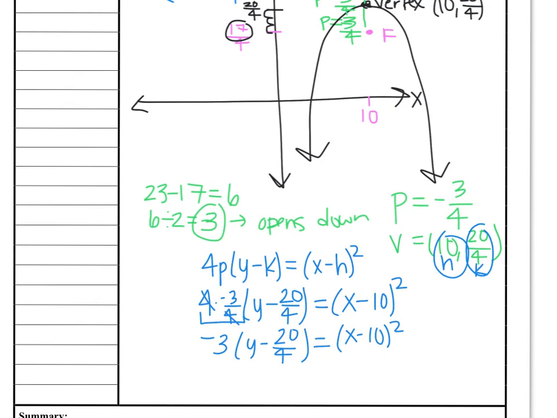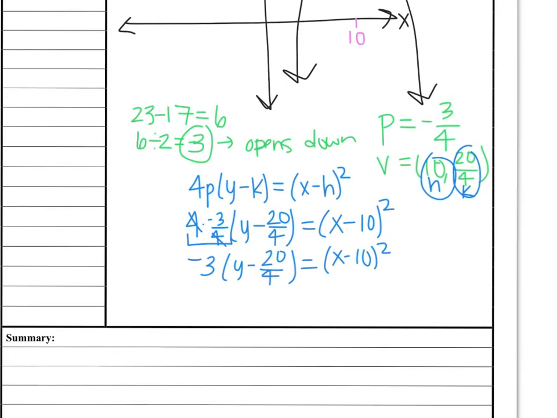Okay, next step here is to continue to try to get y by itself. So I'm going to divide both sides by -3. Those cancel out. Drop the parentheses, y minus 20 over 4 is equal to, again there's that 1 in front, so it's -1/3 because the negative from the 3 on the bottom carries up, x minus 10 squared.